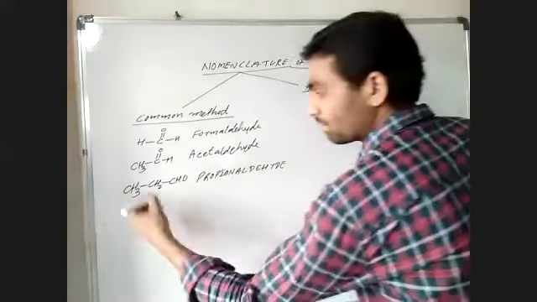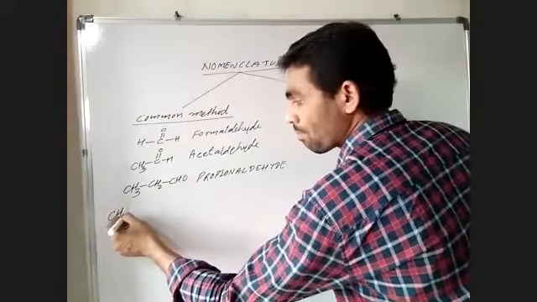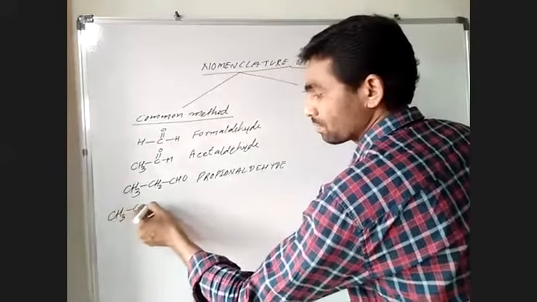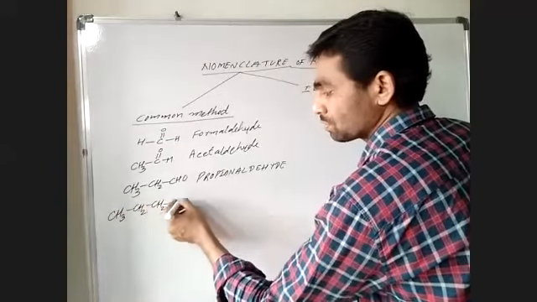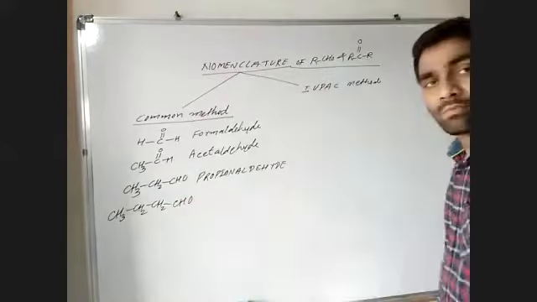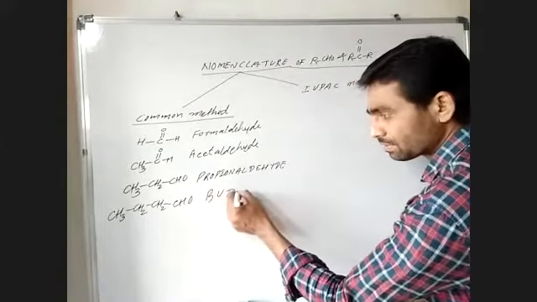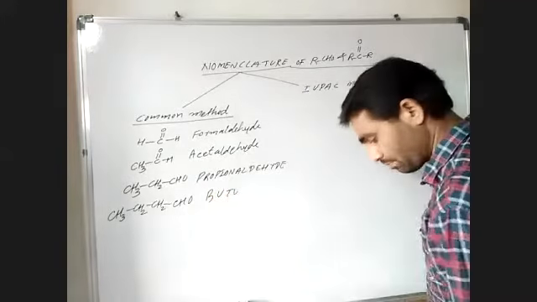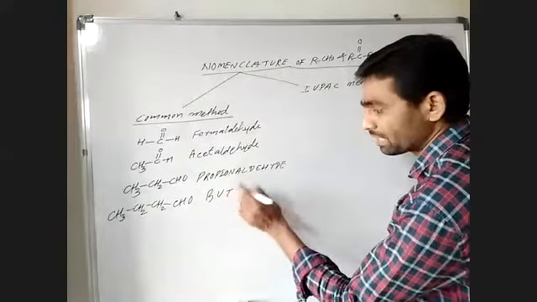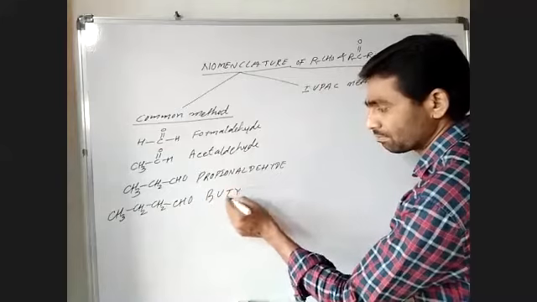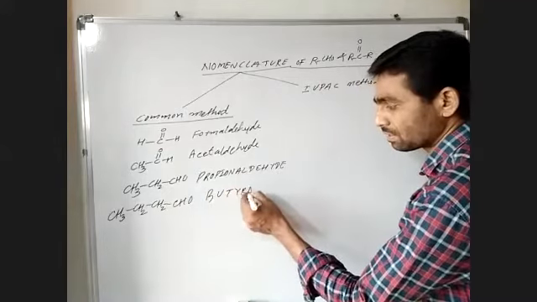If I increase one more carbon, CH3, CH2, CH2, CH2, it is called butyraldehyde.